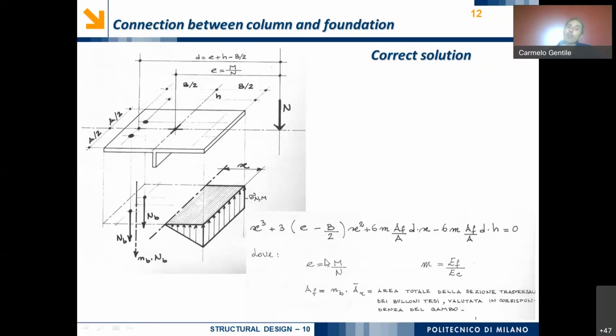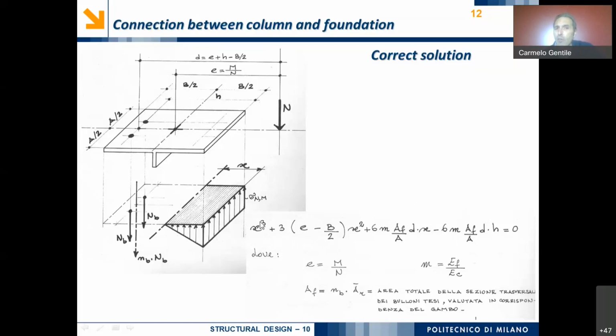But of course, putting everything together, in order to obtain the solution in terms of X, involves the solving of a third degree equation. So let's look at the analytical form of the equation.